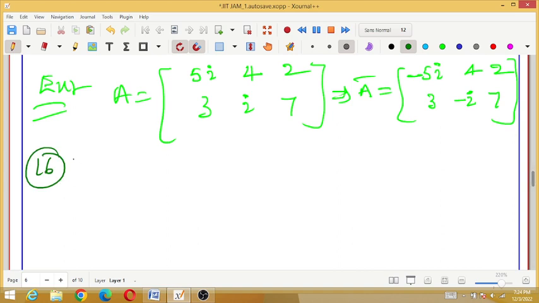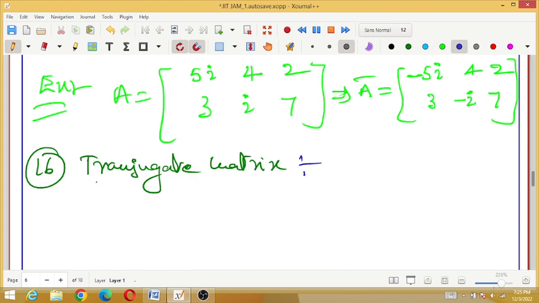Next, transgate. If you feel speed, so why? Because this is a basic definition, so that's why I am going in a hurry.